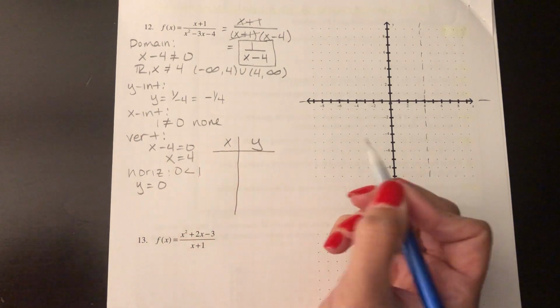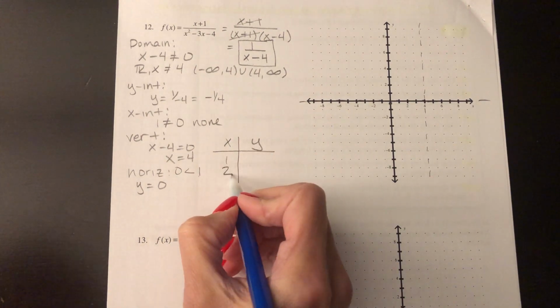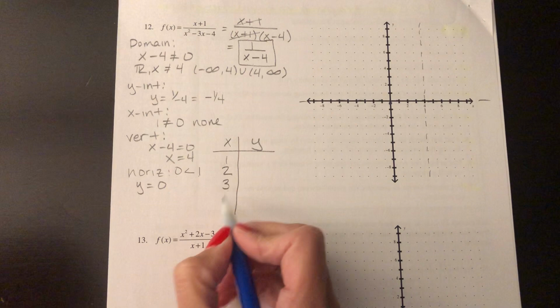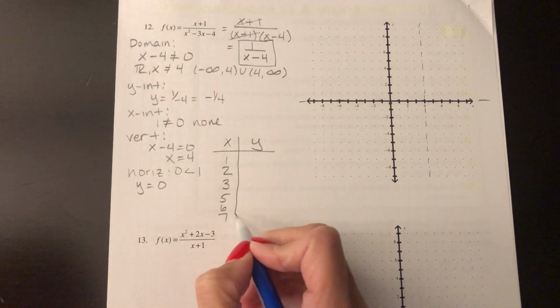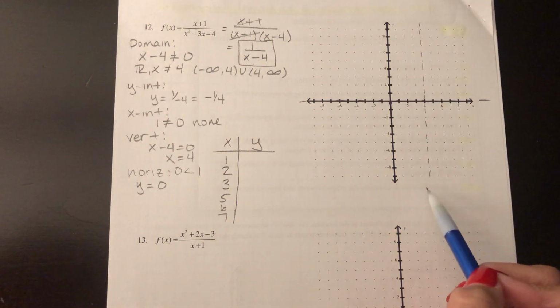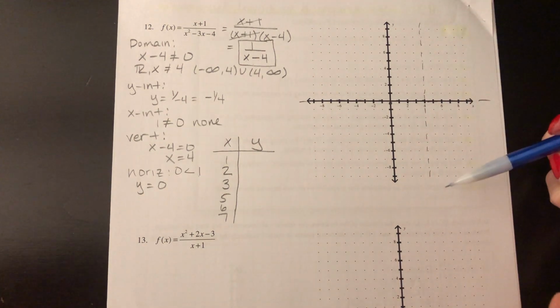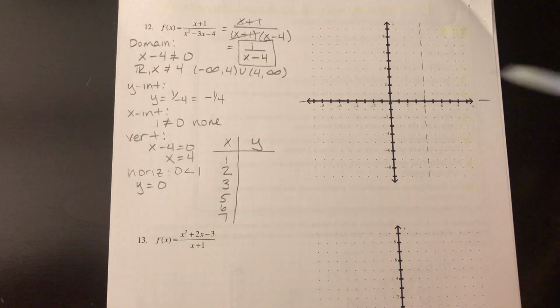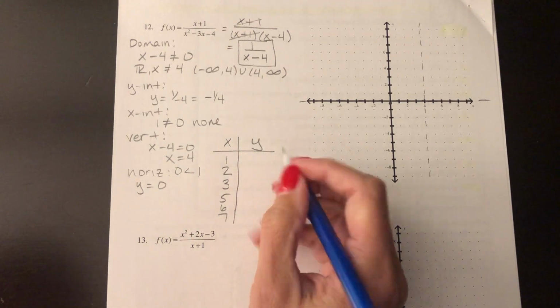And then we're going to make our chart. Just plug in a bunch of numbers here, kind of working around your vertical asymptotes, any x-intercepts, which we don't have. Plug those in.